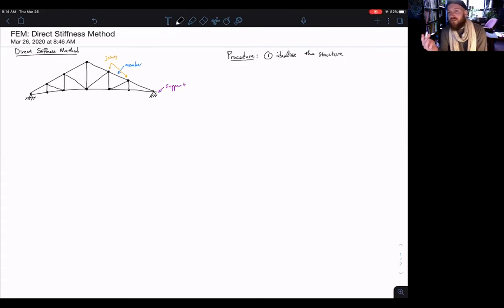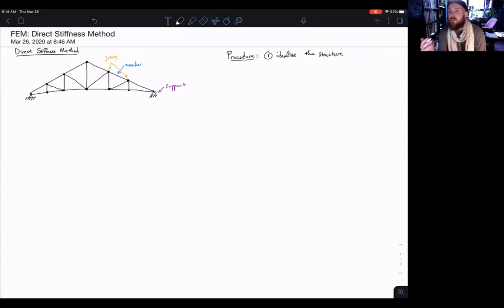Now, for a truss, in a lot of ways, a truss is already idealized. You already are looking at a structure that is a bunch of bars connected by a bunch of joints. But you could imagine thinking about a more complicated object like a lamp or your computer monitor, where you're going to say, okay, how do I idealize this structure into something?